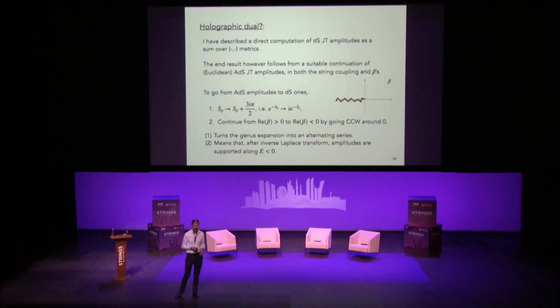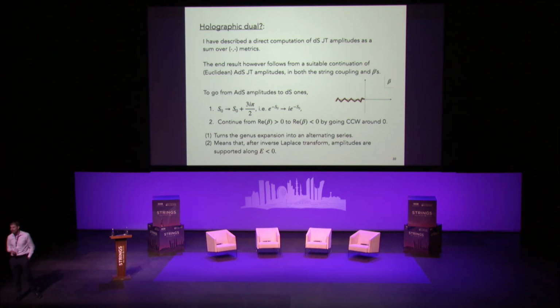You can think of it as e to the 2 S naught. What is this thing doing? It's flipping it from being large and positive to large and negative. Whether that makes sense as a bona fide matrix model is unclear. Thank you. Yep, super.